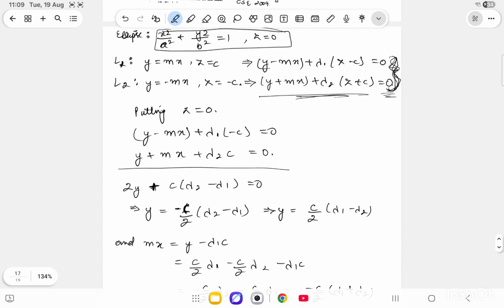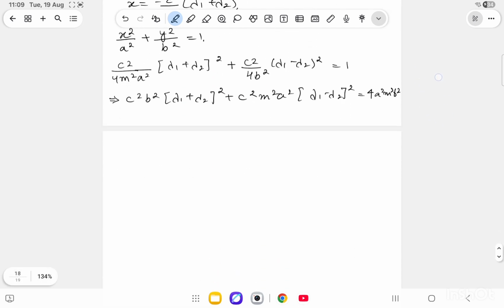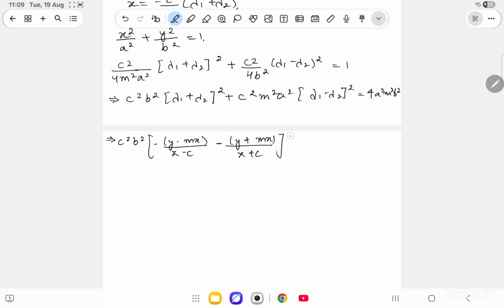My lambda 1 is minus of y minus mx upon z minus c. So if I substitute here, I'll get c square b square times minus of y minus mx upon z minus c, and my lambda 2 is minus of y plus mx upon z plus c, whole square, plus c square m square a square times lambda 1 minus lambda 2, which will be y plus mx upon z plus c minus y minus mx upon z minus c, whole square, equals 4a square m square b square.